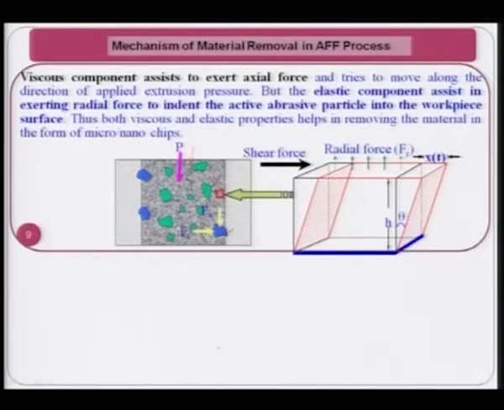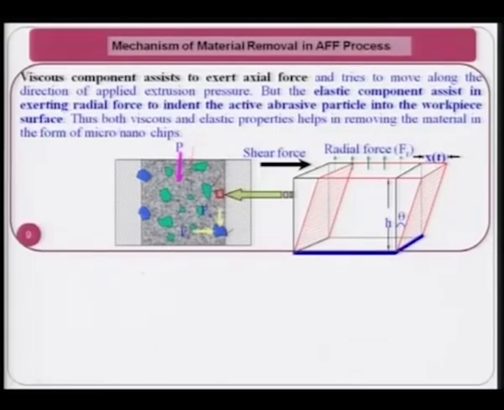And this axial force tries to move along the direction of applied extrusion pressure, but the elastic component assists in exerting radial force to indent the active abrasive particle into the workpiece surface.